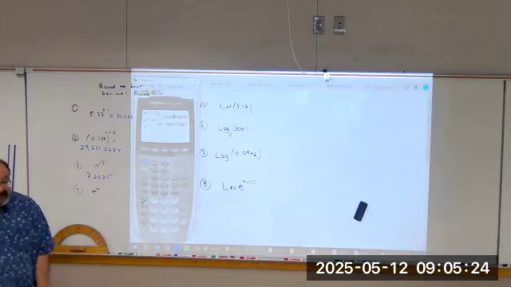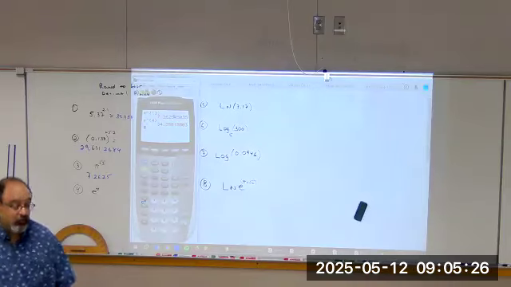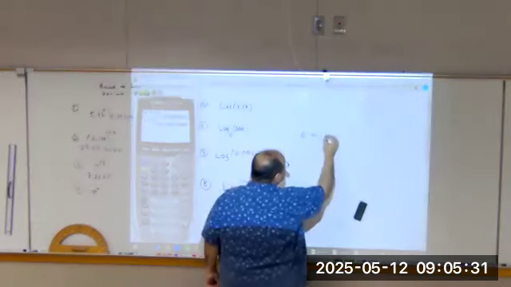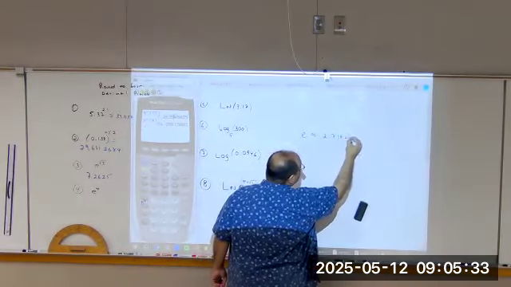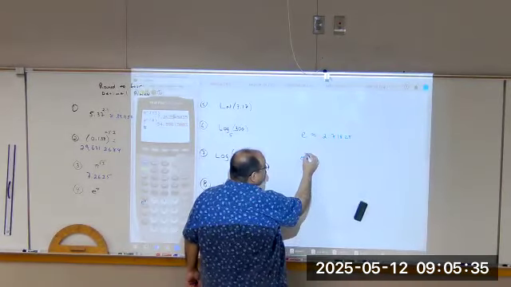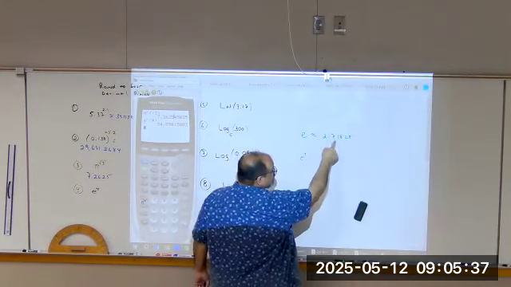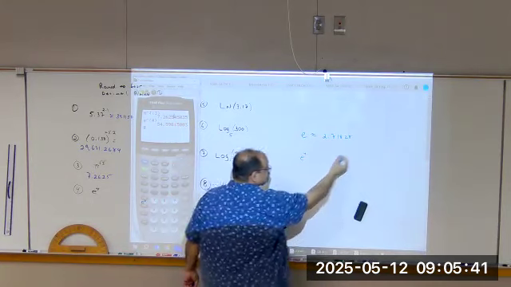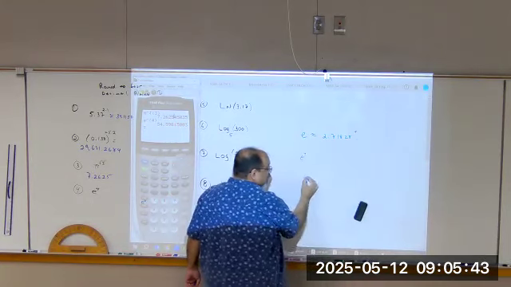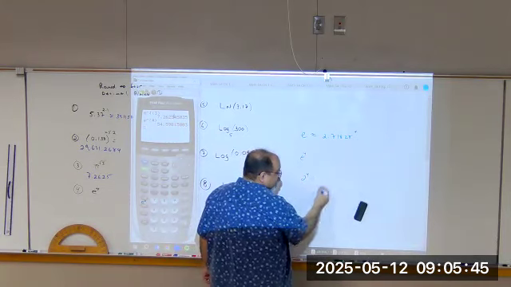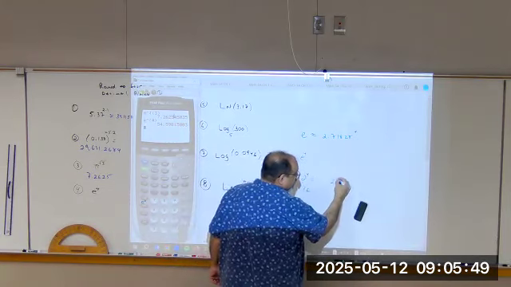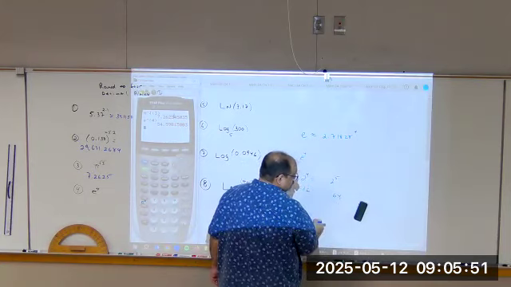Now remember, e is approximately 2.71828. So e to the 4th is a little bit bigger than 2.5, not 3 though. 2 to the 4th is equal to 16. 2 to the 5th is 64.